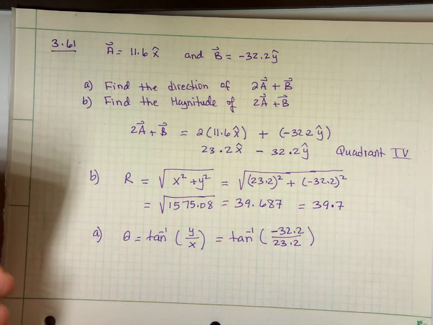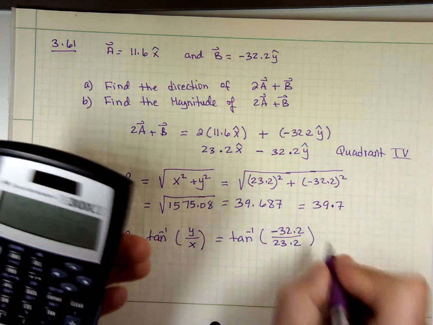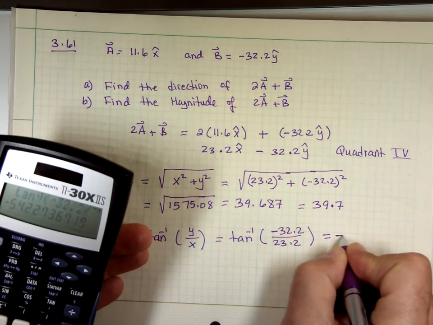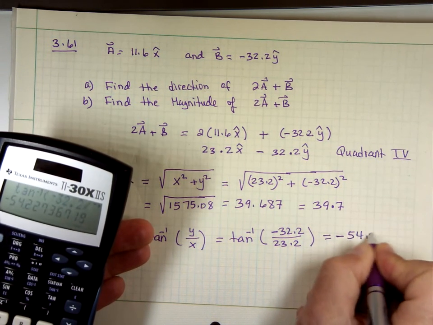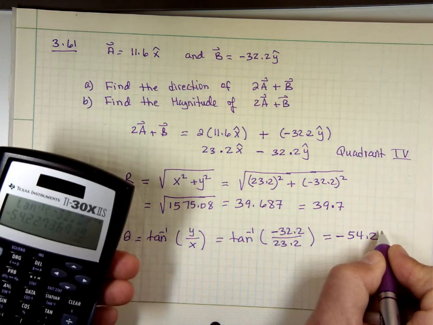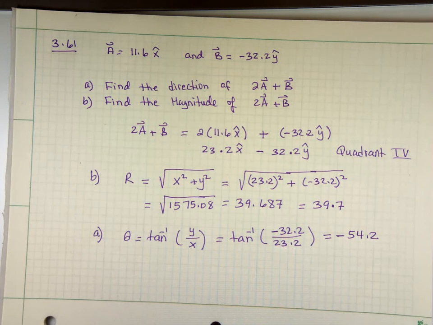And it says it's negative 54.2 degrees. Now, I'm not sure if they want the answer in negative or from the positive. I mean, write it. Let's see if there's any restriction on that. It says below the x-axis. So they're already using the word below the x-axis.